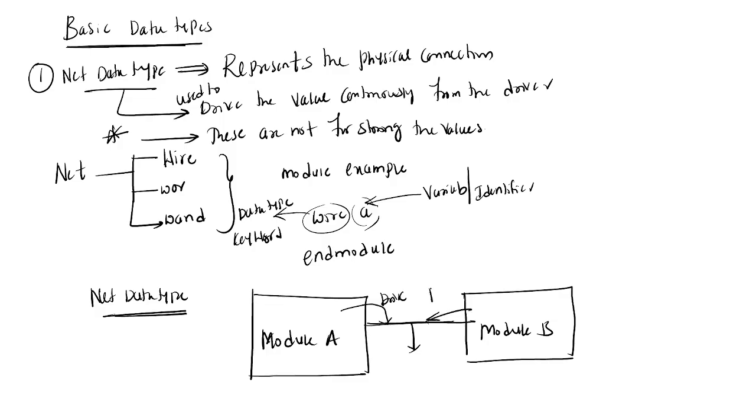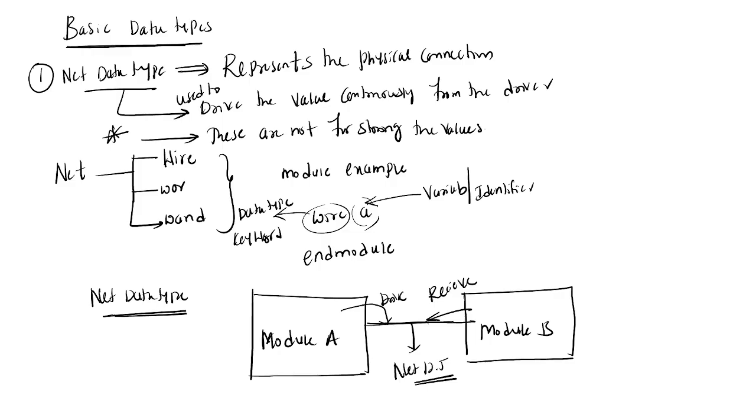In order to communicate like this, you use the net data type. The main thing to remember about the net data type is that we use it for driving values. It is not used for storing any value.